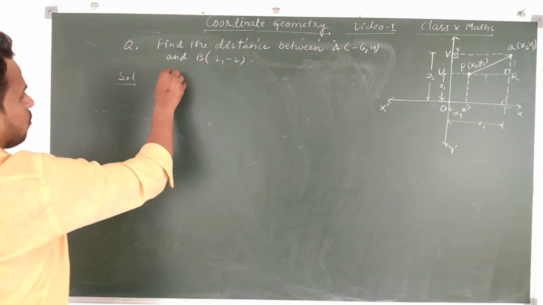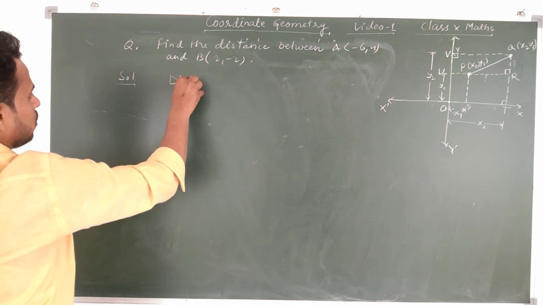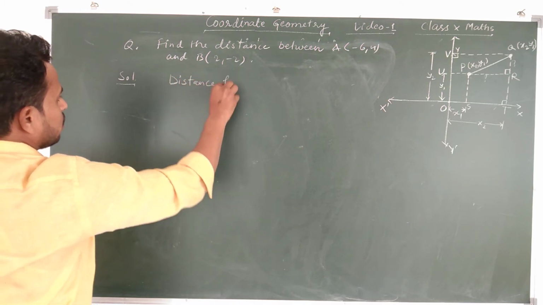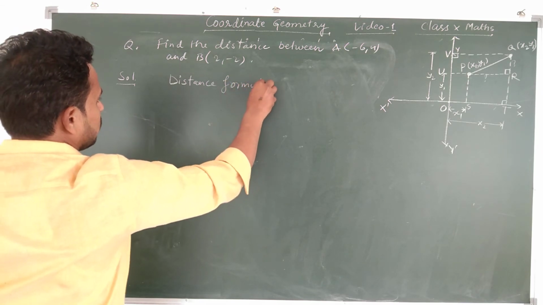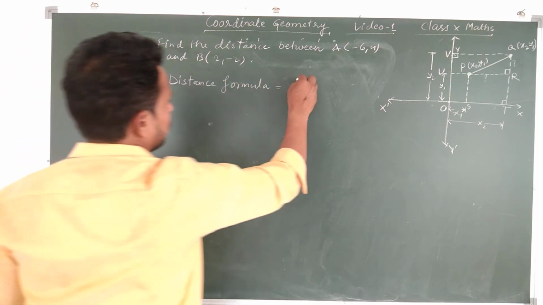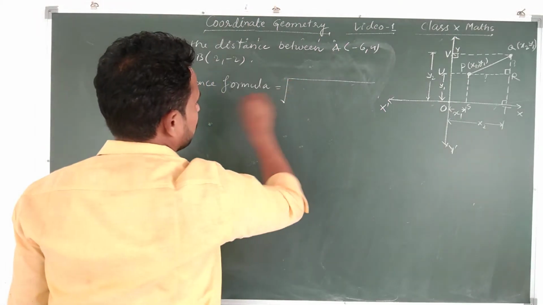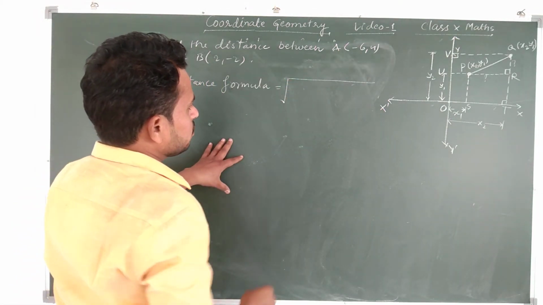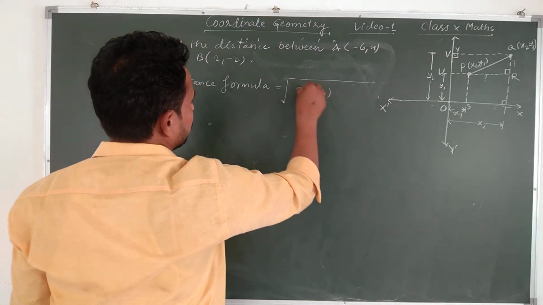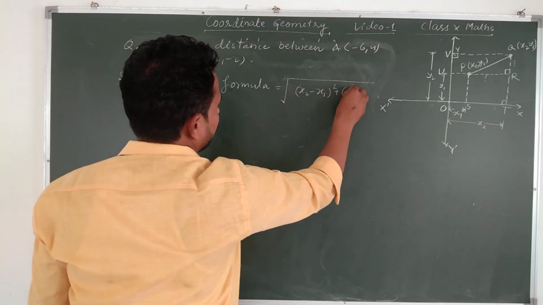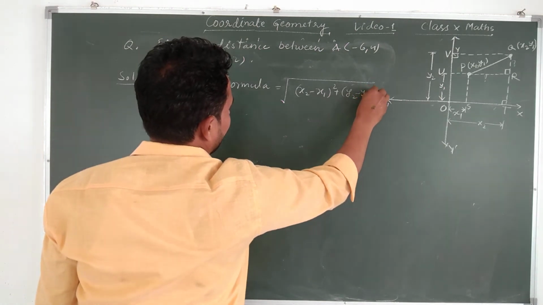So we have a distance formula. The distance formula is the square root of (x2 minus x1) square plus (y2 minus y1) square.